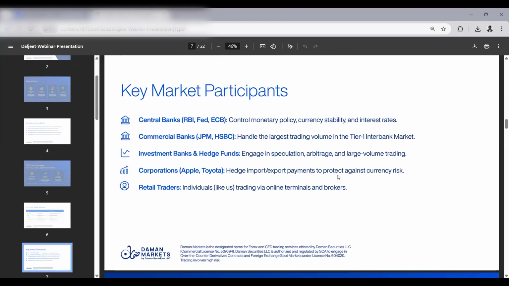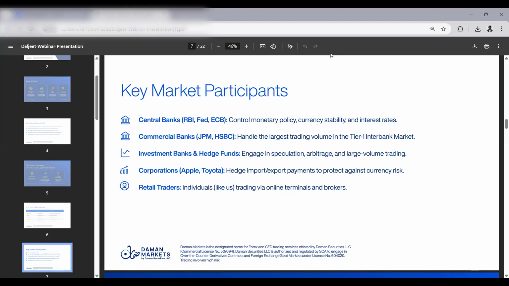Who are the key participants of the forex market? Central banks. Central banks of all major countries are the basic key participants of the forex market. That includes money controlling policies, currency stability, and interest rates, because they have to take care of all these things. So they are the major players.